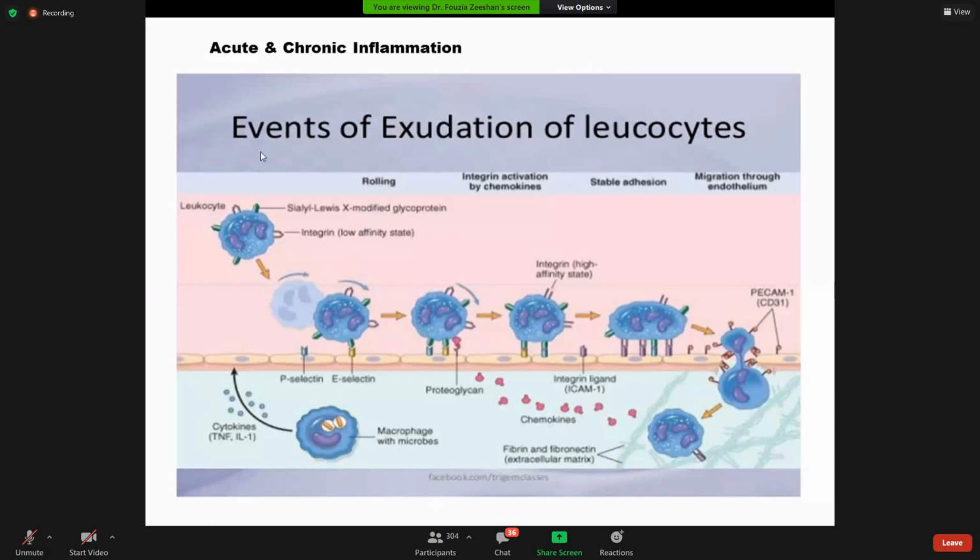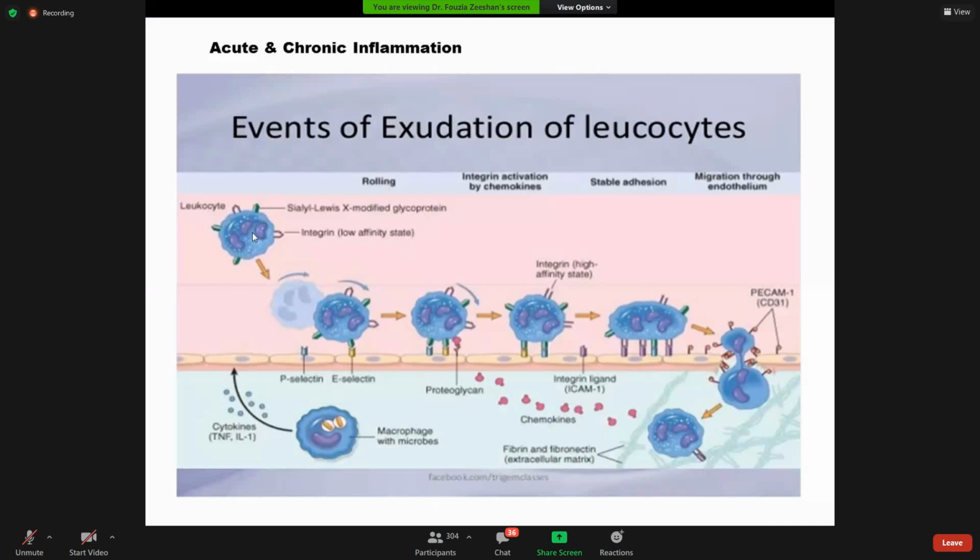What happens is that the leukocytes first arrange themselves along the margins of the endothelial lining.